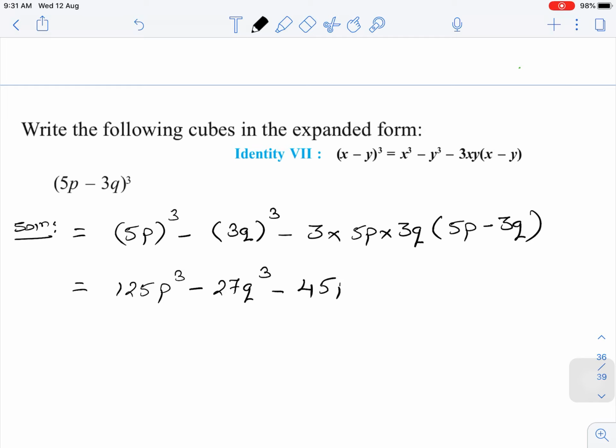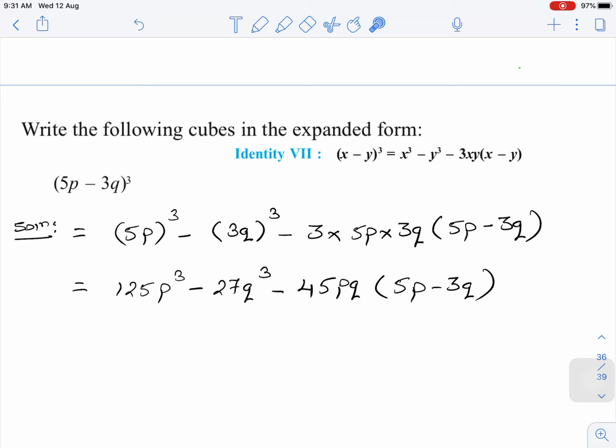So you will get 45p cube, and in the next bracket we will have 5p minus 3q. If you keep this as your answer, it will also be correct. If you want to multiply inside, you can multiply.